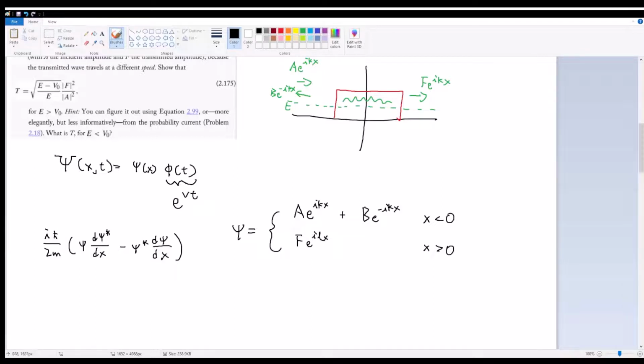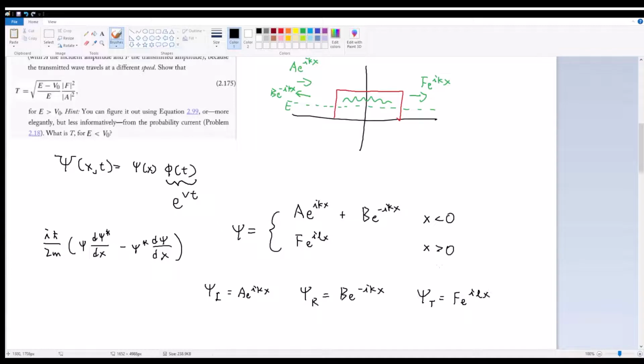And what this actually is, is 3 separate wave functions, but just implied with superposition on top of each other. So what happens is that the incident wave, psi incident, is equal to a e to the ikx. The reflected wave, psi r, is equal to b times e to the negative ikx. And the transmitted wave, psi t, is equal to f e to the i l x.